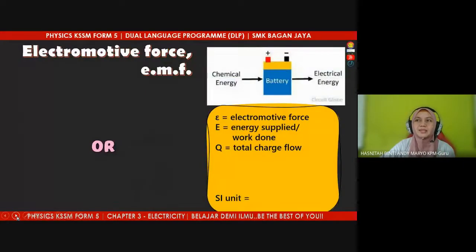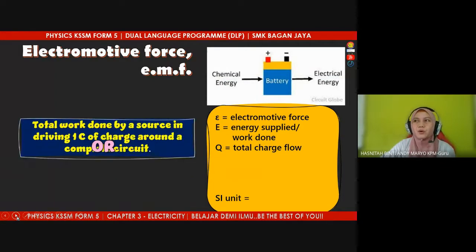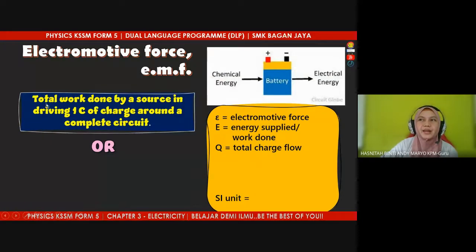Okay, next. So here you can write the definition for electromotive force in your module. It is defined as total work done by a source. Source means here battery, in driving 1 coulomb of charge around a complete circuit.